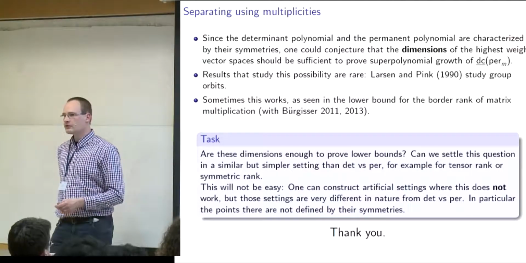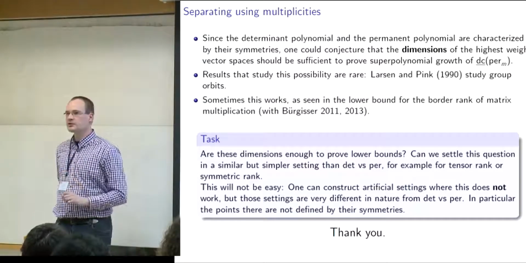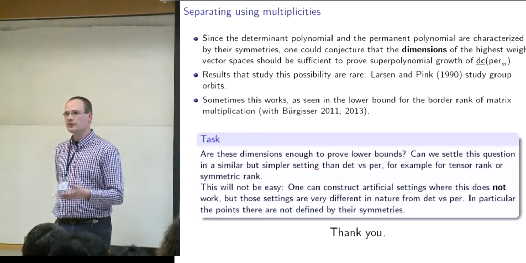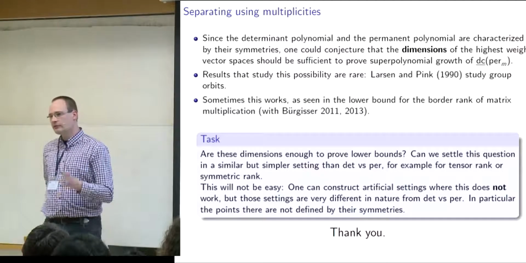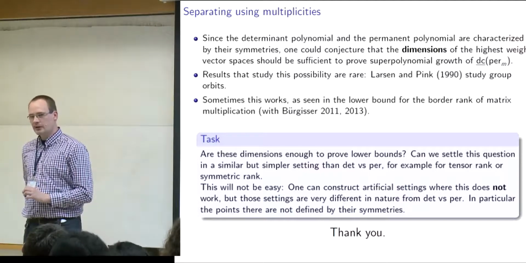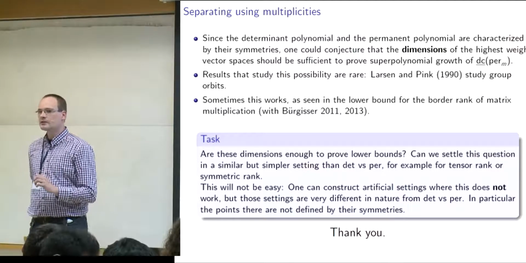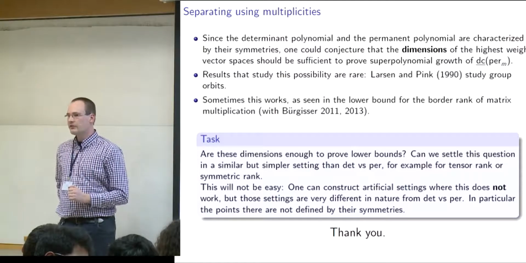The 3/2 m squared lower bound for the border rank of matrix multiplication, for example, comes from an explicit construction of a highest weight vector from nothing. Those equations are even interesting for geometers, because when you go for the highest weight vectors directly, it is not clear that they should come from any flattening technique.